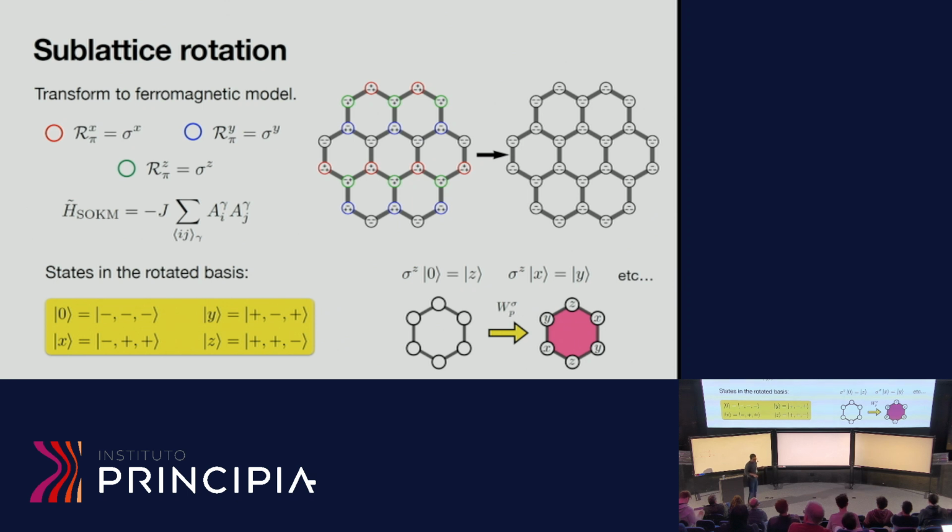And that's easy to remember because now you can act with operators on this basis in the usual way. Think of it like multiplying Pauli matrices. 0 is like the identity, so we apply sigma z to the 0 state to get z, and we apply sigma z to x to get y, and so on. And then the action of the plaquette operator on this empty state is just like this. You label the states by x, y, and z.